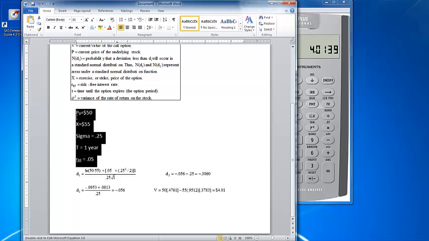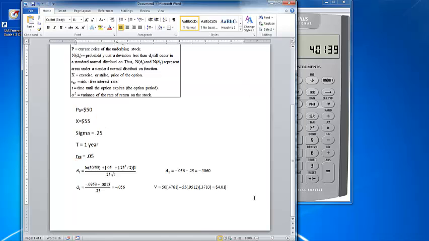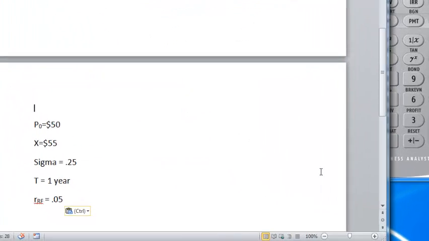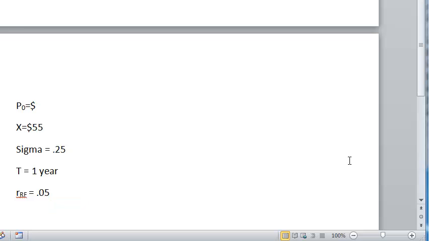So for our second example, we'll choose a price of $80, an exercise price of $70, a sigma of 0.20, a time of 6 months, and a risk-free rate of 4%.